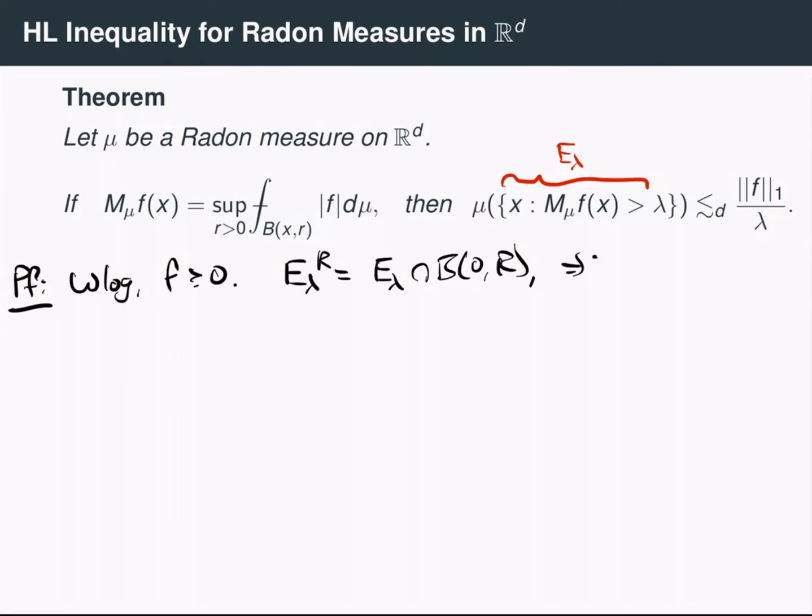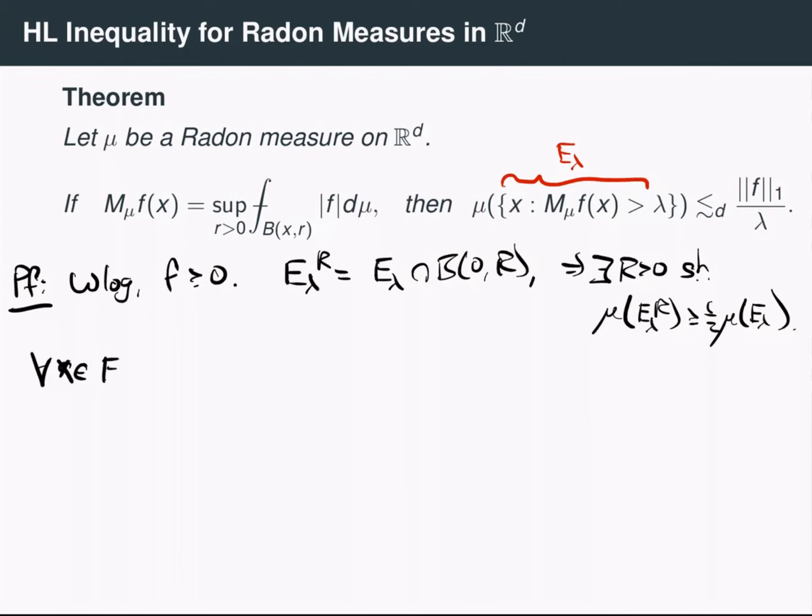And so this implies that there exists some positive number R such that the measure of E lambda R is at least 1/2 the measure of E lambda. So thus, if I can bound the measure of E lambda R from above, I can bound the measure of E lambda from above.